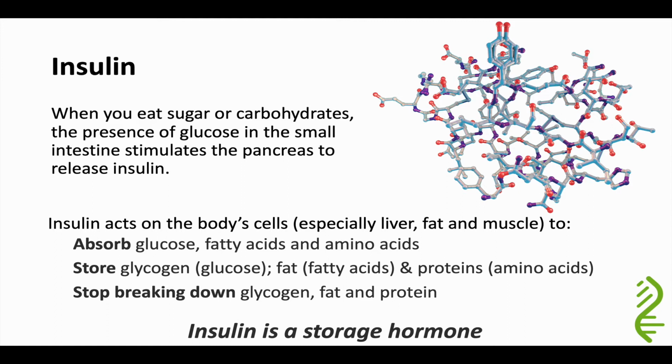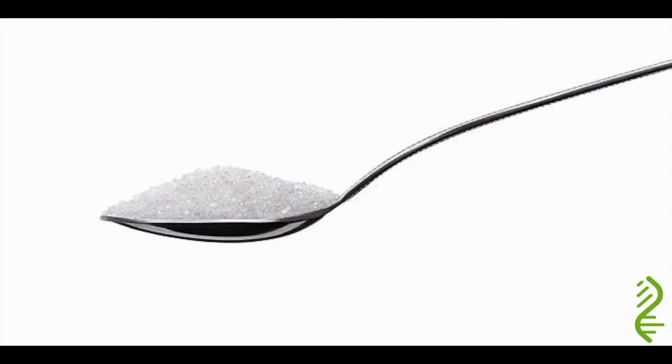Insulin acts to store glucose as glycogen. It stores fatty acids as fat in fat tissue, and it takes amino acids and helps the building of proteins. And while it's doing that, it's also stopping the breakdown of previously stored glycogen, fat, or protein. So the bottom line is insulin is a storage hormone. Anything that triggers insulin triggers a storage situation.